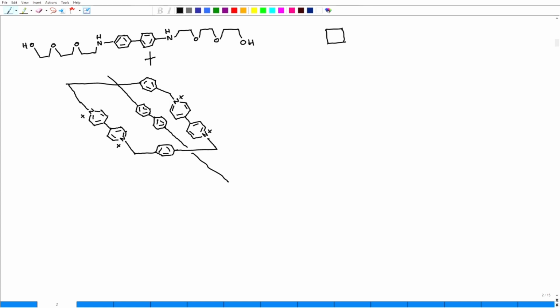So that will make a pseudo rotaxane. Once it forms pseudo rotaxane, what can I do? I take 2,6-dimethyl pyridine base.